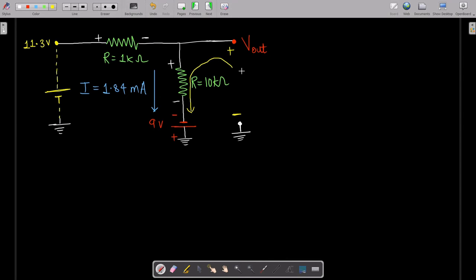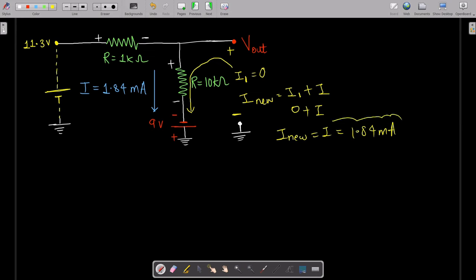So I1 is 0, and if I consider I new, it would be I1 plus I, which is 0 plus I, so I new equals I, which is 1.84 milliampere. That's why we are not considering I1, we are just considering I while applying the KVL.